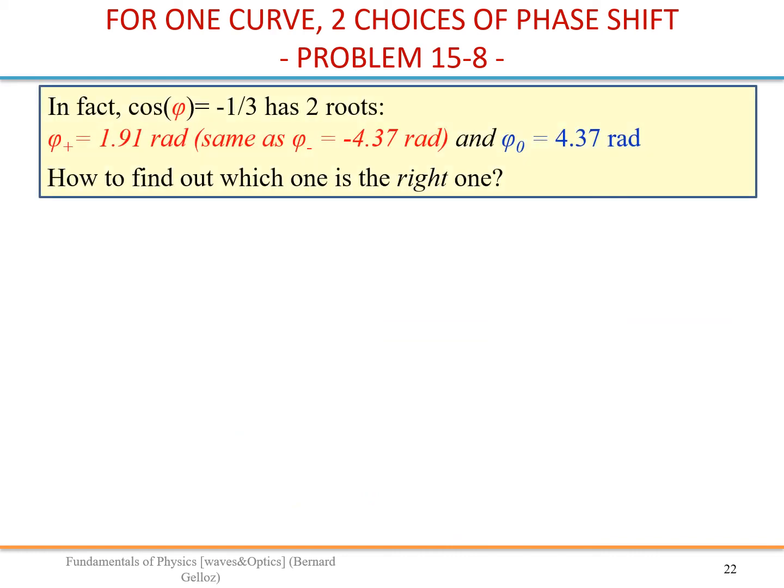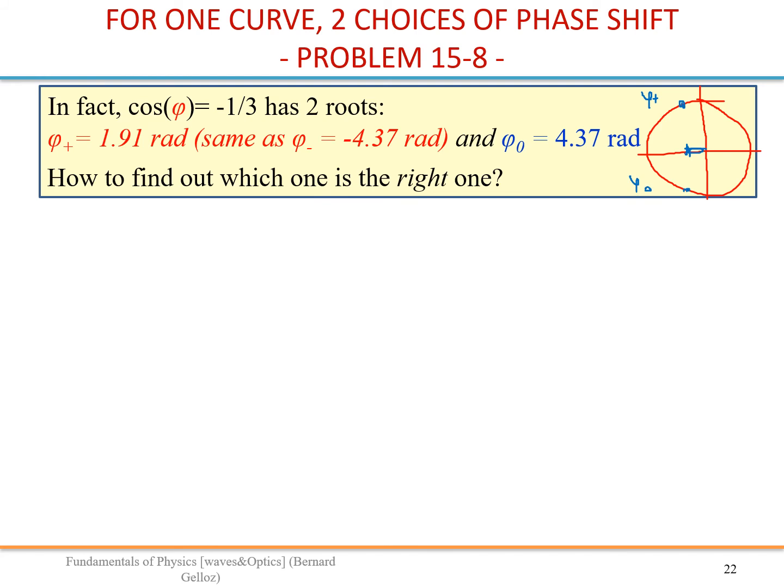All right, so yes, cos phi equals -1/3 has two roots. The first one is called phi plus, so it's 1.91 radian, and the other one is phi 0, equal to 4.37 radian. So remember, 1/3 is roughly here. So this one is phi plus, and this one is what we call phi 0.